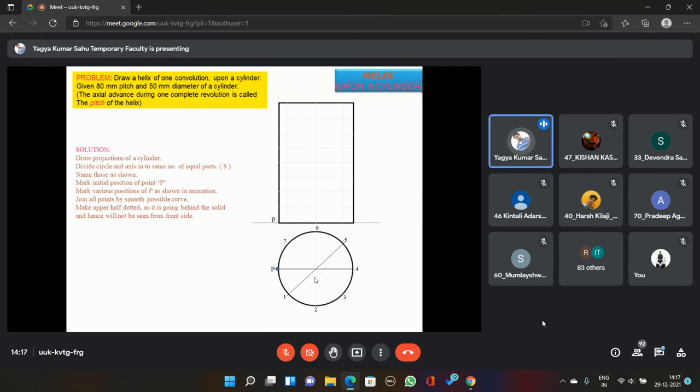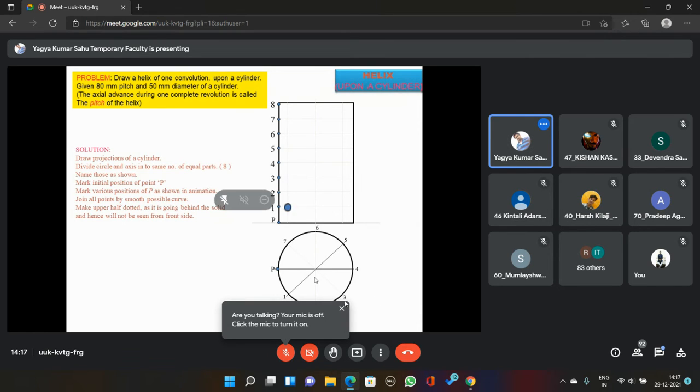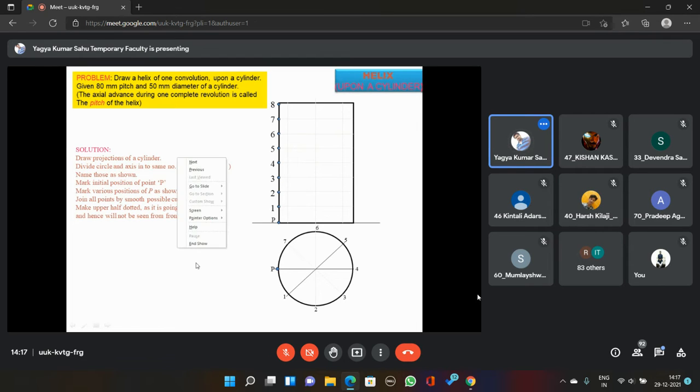Now draw all the generators. For 4, it is already drawn. Now draw generators for 1 and 7 also. So this one represents the front view of point 7 and point 1.